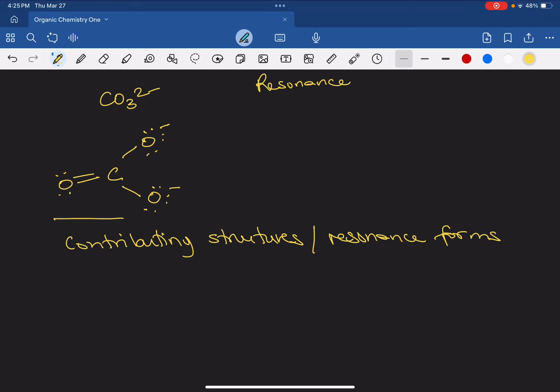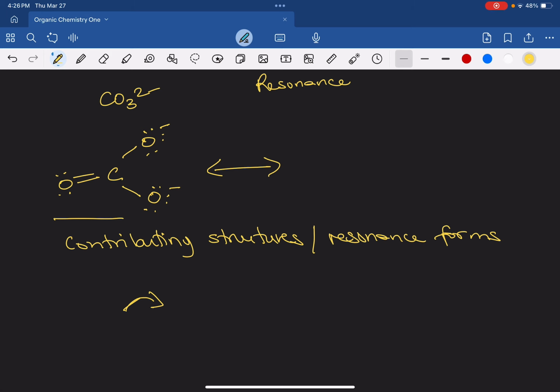Now, to draw a resonance form for any particular molecule, you're basically showing the redistribution of electrons by using an arrow. And there are some little rules you have to follow as it relates to the movement of the electrons. Generally, you separate your resonance forms using a double-headed arrow. A single-headed arrow is used to show the movement of two electrons, right?